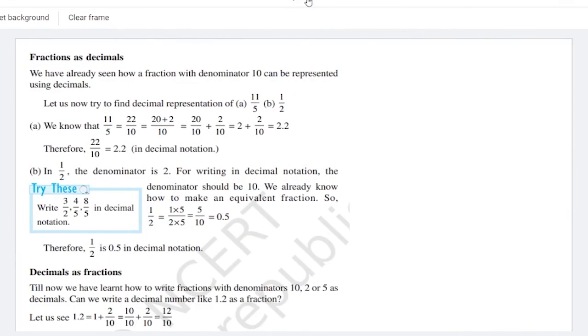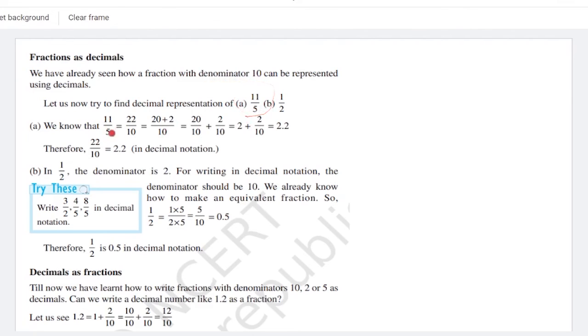Next one is writing fractions as decimals. How do you write fractions as decimals? We have already seen how a fraction with denominator 10 can be represented using decimals. Now we are going to see fractions which do not have denominator 10.